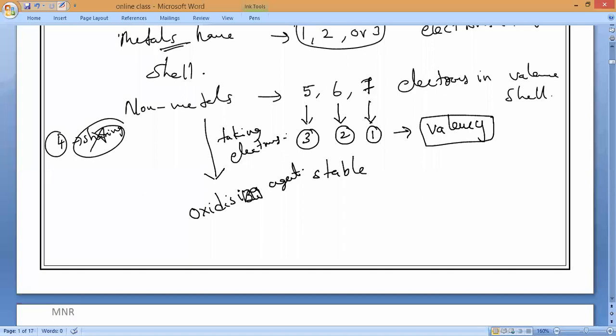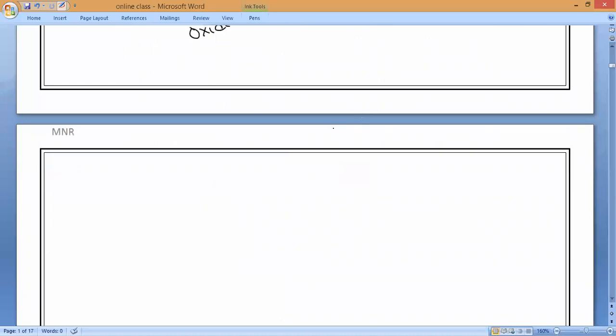So remember always: those who are donating electrons, donors, or losing electrons, are called electropositive. What do we call it?